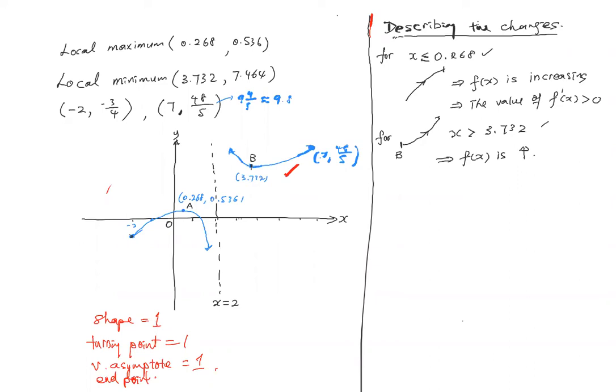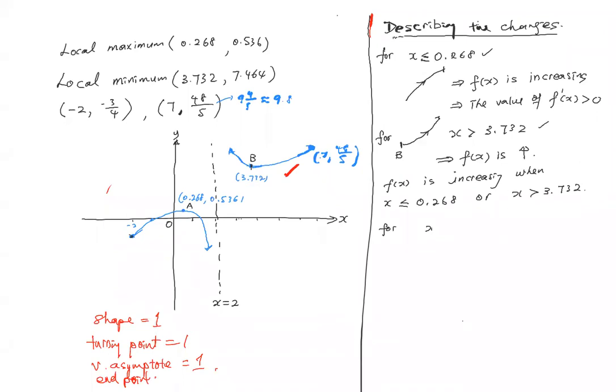So I can say fx is increasing when x is less than or equal to 0.268 or x greater than 3.732. Got it?